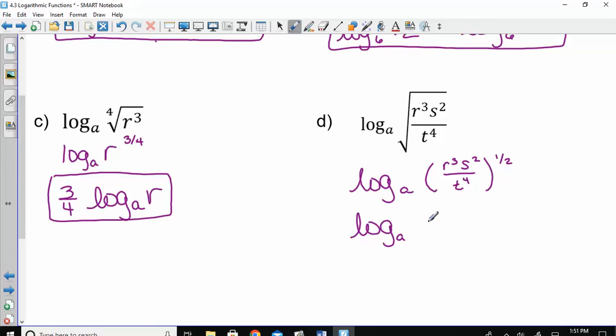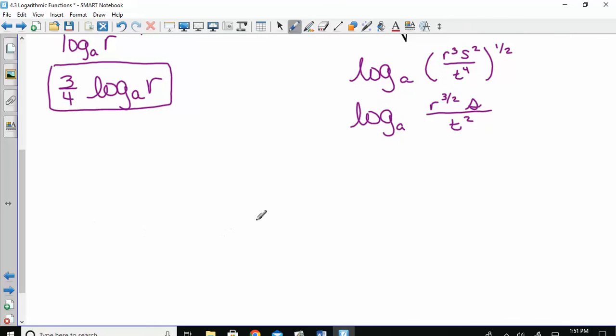What would you have to do with that exponent? Yeah, we have to multiply each of those, so it becomes r to the 3/2. S, 2 times 1/2 is just 1, over t, 4 times 1/2 is just 2. How many different logs am I going to end up with here? 3. Each of these variables has to get its own.